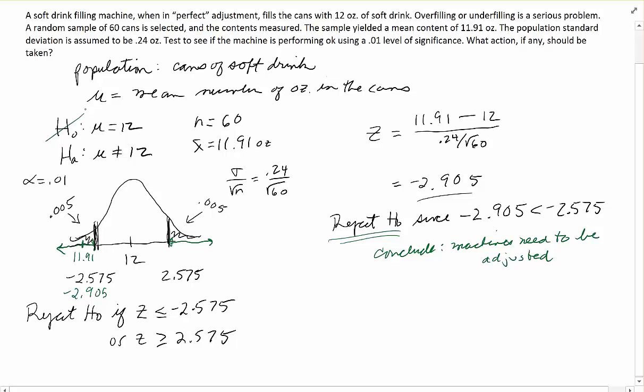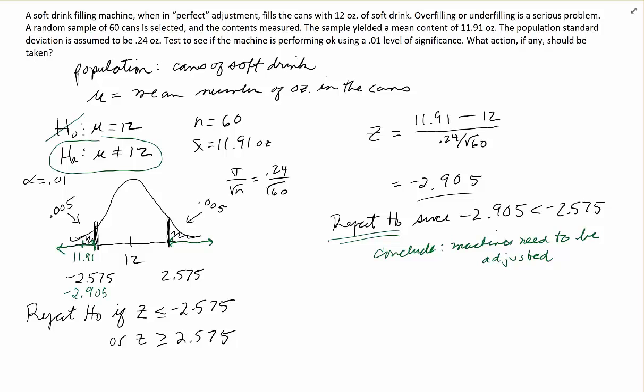Because when we reject the null hypothesis, we are saying that the alternative is true and that the average amount of soft drink going into these cans is not 12 ounces. Or, I should say, significantly different than 12 ounces, to the point where we would shut the machines down or try to make some sort of adjustment.